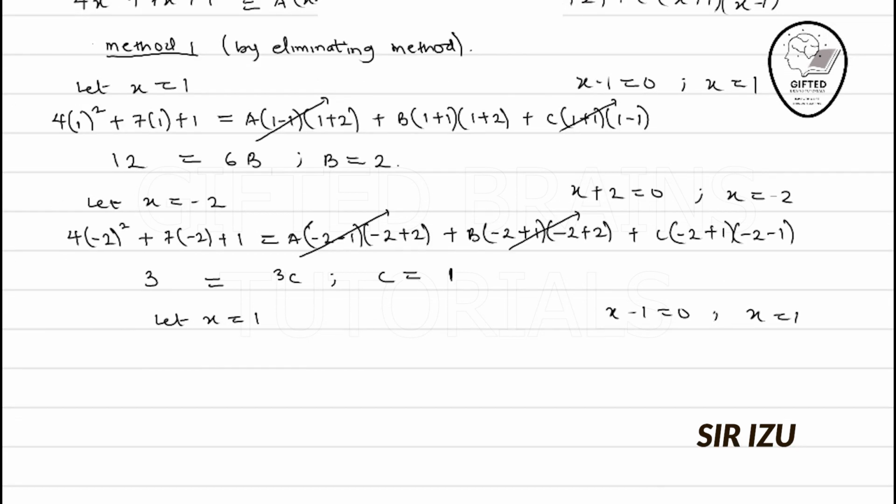Sorry, we've used x minus 1. What we're supposed to use here is x plus 1. We've used x minus 1 before, so it's x plus 1 we are supposed to use. So we'll get x equal to minus 1. That's a mistake. x equals minus 1. Thank you. So I will substitute x equal to minus 1.